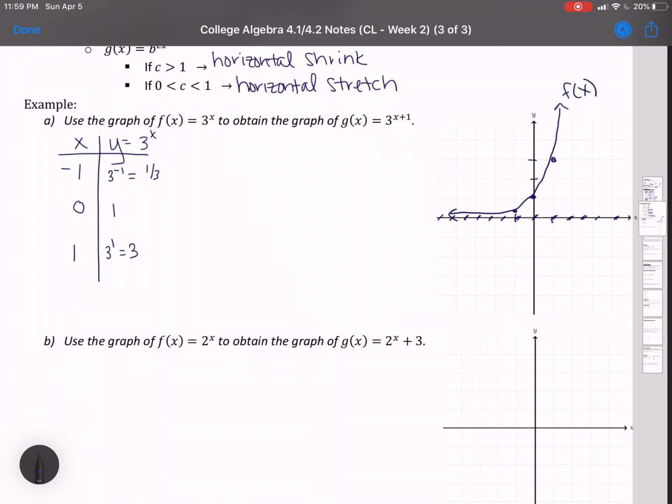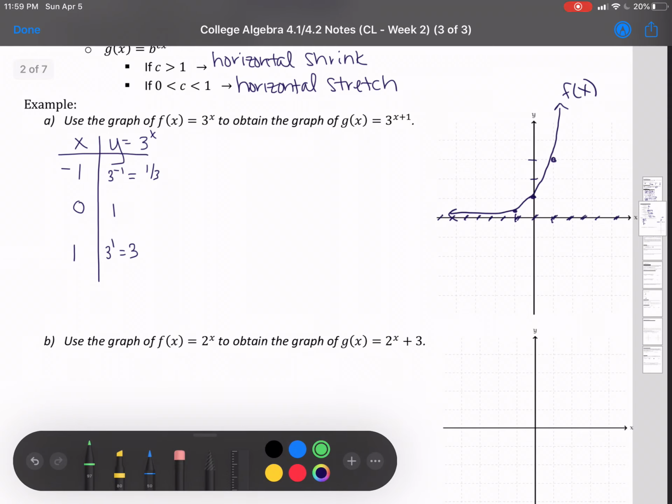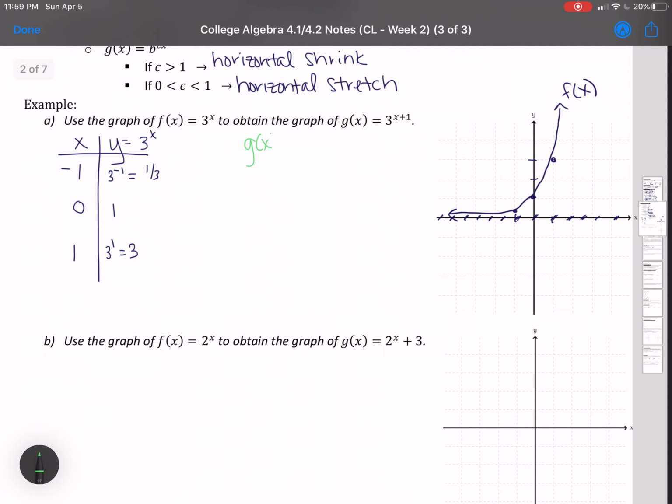So now that we know that function, we can easily graph g of x. So g of x is f of x shifted 1 unit left.